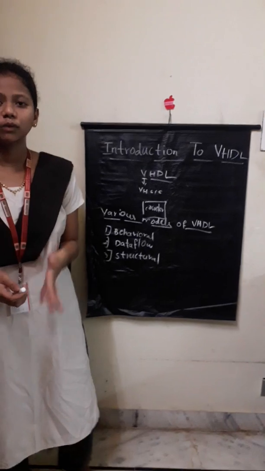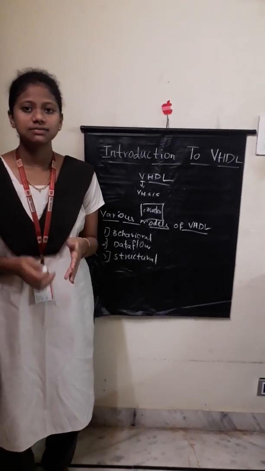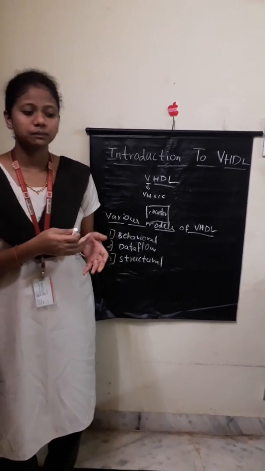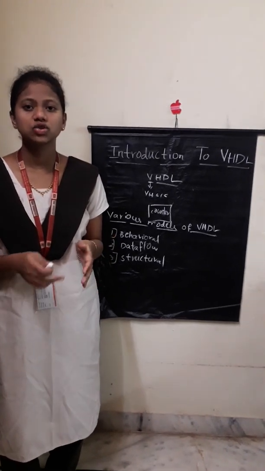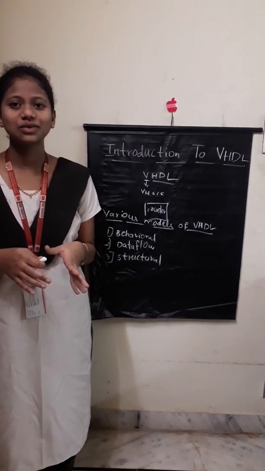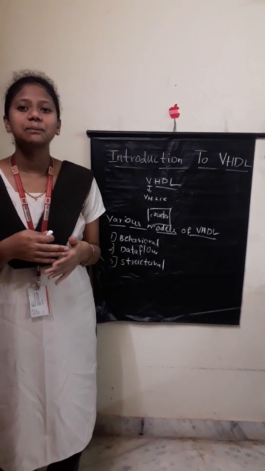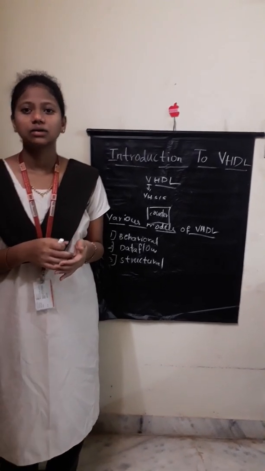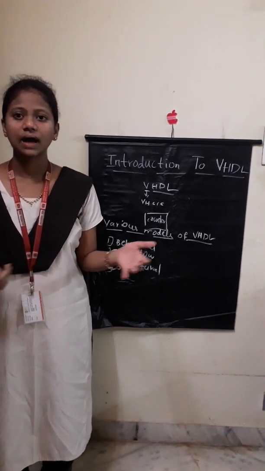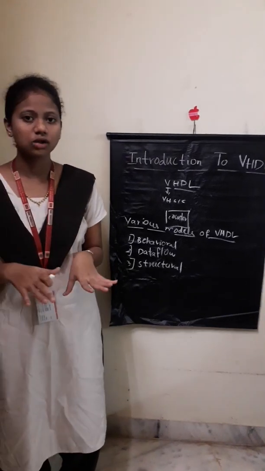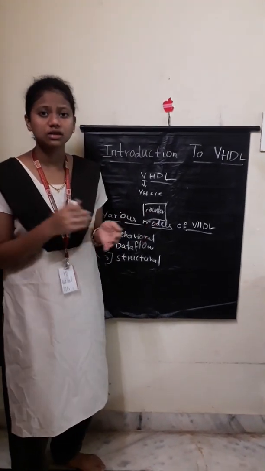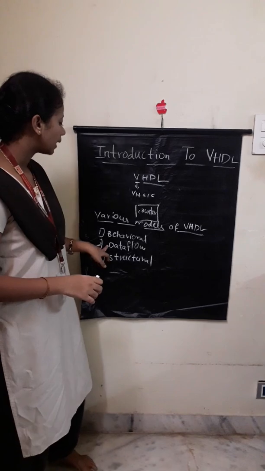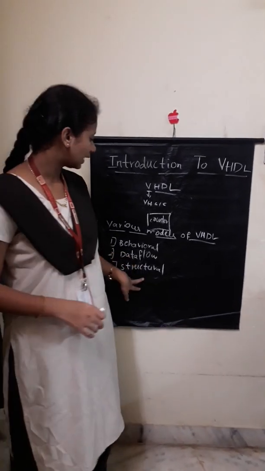In this behavioral type of model, we will only see what the behavior of the program is. We will not see what its components are. We shall see only behavior, how it flows. Now coming to the second type of model of VHDL, that is data flow.